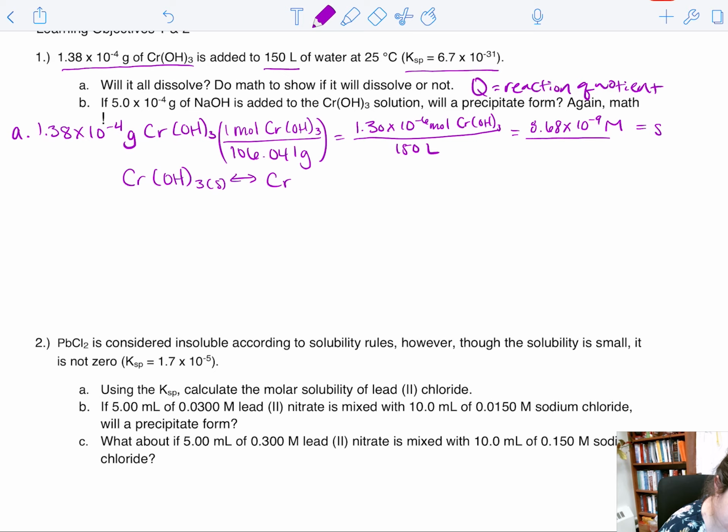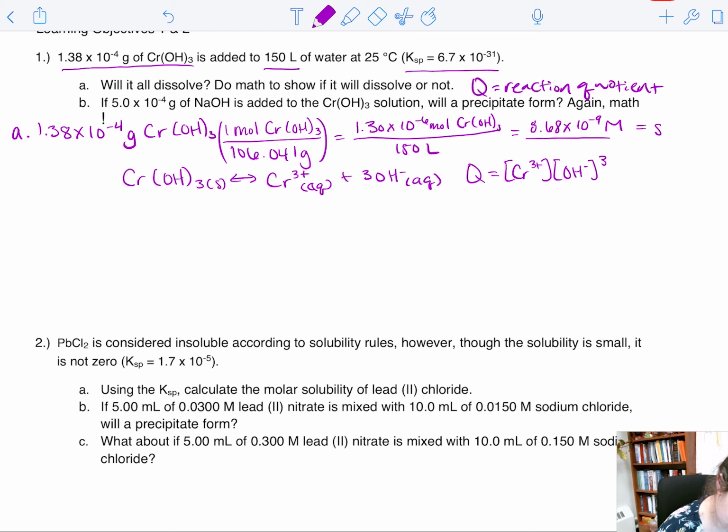When it breaks down into ions, we get chromium 3 plus and 3 hydroxides. So our Q expression for this would be concentration of chromium 3 plus times the concentration of hydroxide cubed.